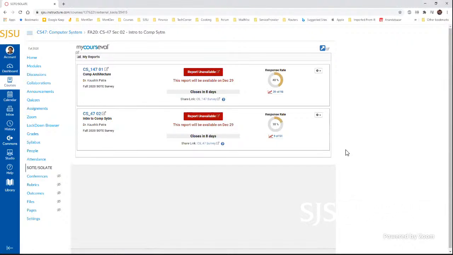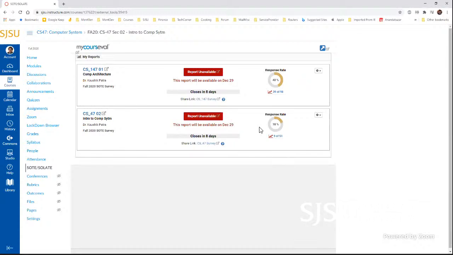So you see, for your class, CS47, we have an 18% response rate. And you remember there is an extra 10 points given depending on how much your class actually participated.